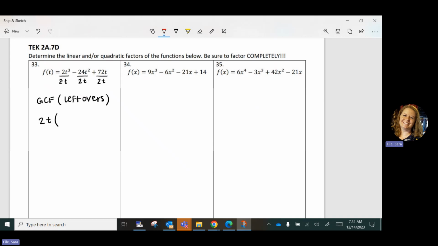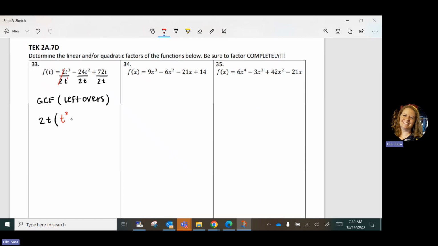So up here in the first term, 2 divided by 2 is an understood 1. Anything divided by itself is 1. T cubed divided by t would be what? T squared. Remember, when you're dividing variables, that's an understood 1 power on that t. You're subtracting the power. So t cubed divided by t is t squared.